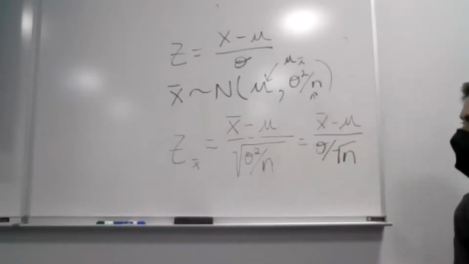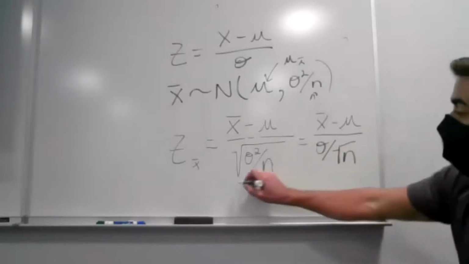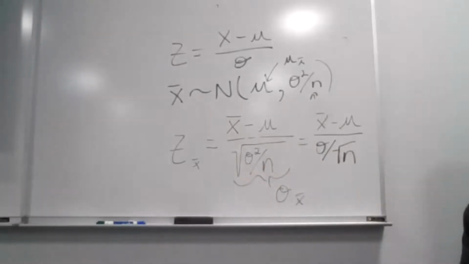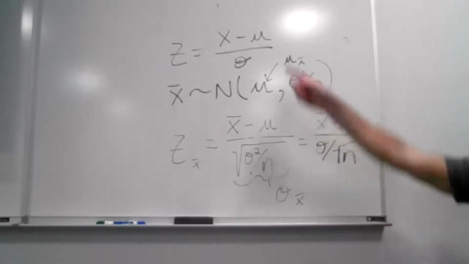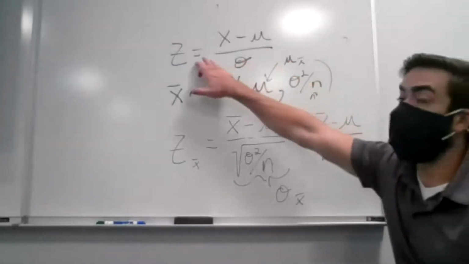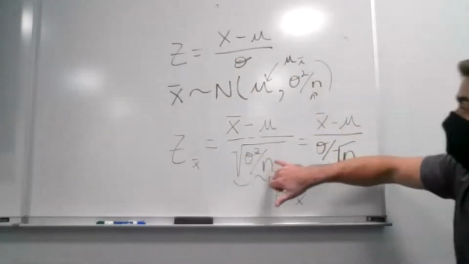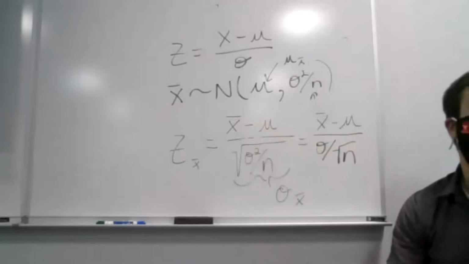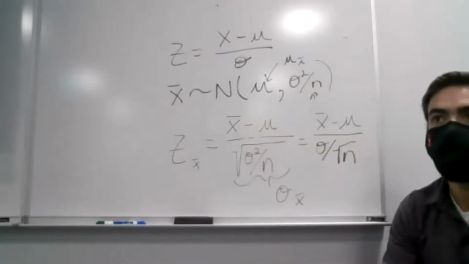Now, what I want you to remember is that this represents the standard deviation of the sample mean. So it's really no different than what we did before. It's just that now we don't need the mean and the standard deviation of this variable x. We need the mean and the standard deviation of our sample mean, because that's now the variable we're looking at, okay?